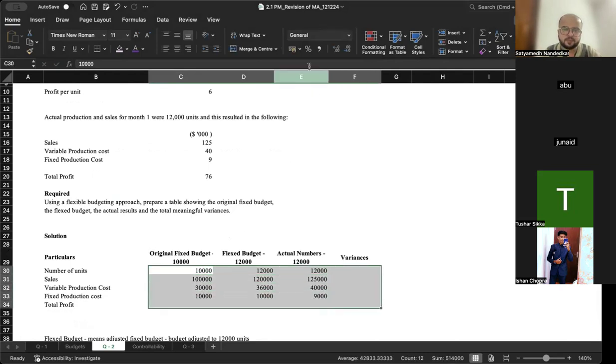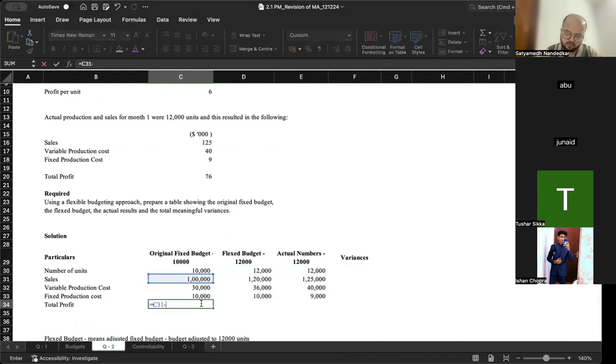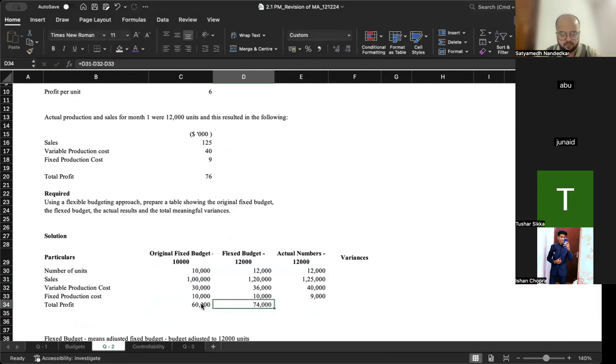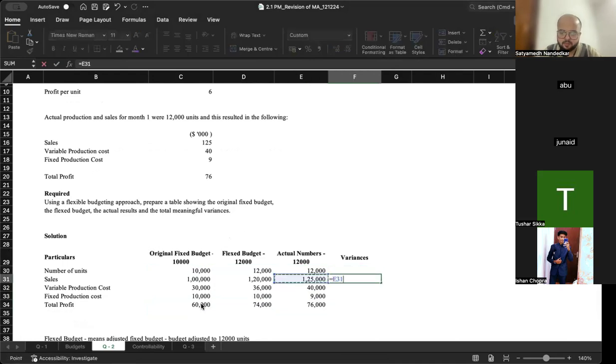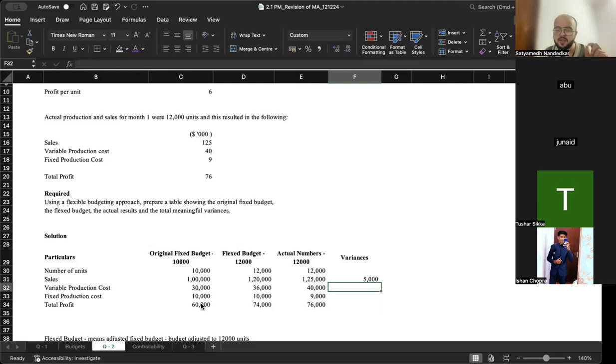So this difference is actually a good favorable variance. We have done a better job than what we were expected to. Then we were allowed, so this is favorable.